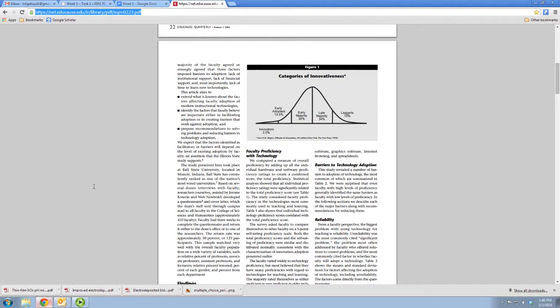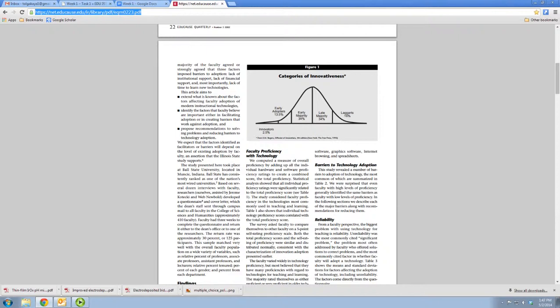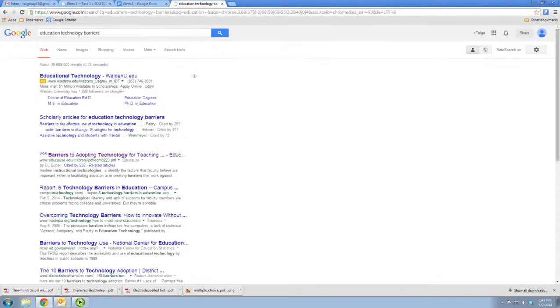What was I searching for? Limit barriers adoption. I have education technology barriers. I think that's what you're looking for eventually. Technology barriers in education.